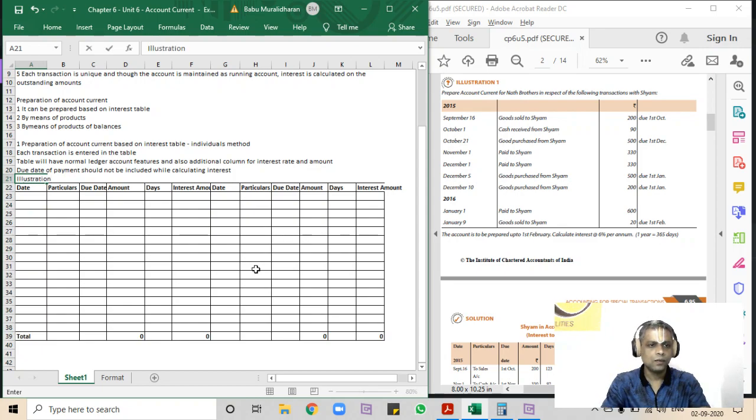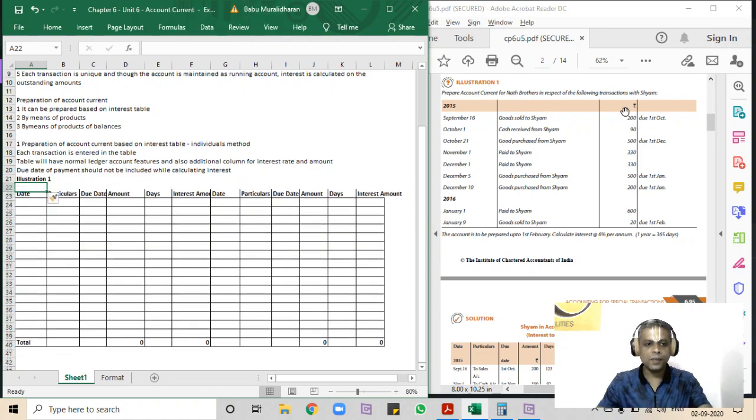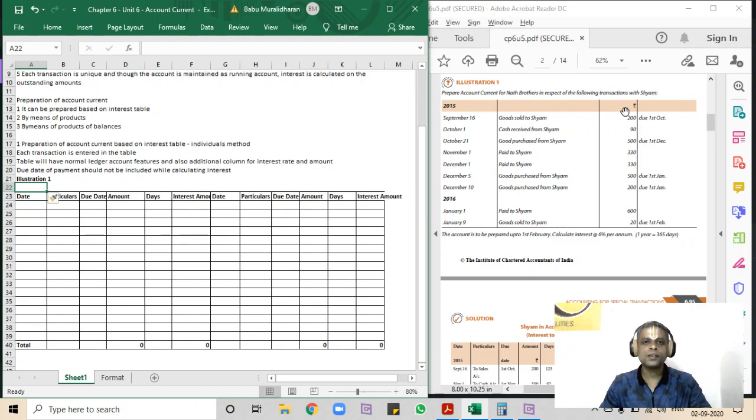Illustration 1. Please prepare account current for Nath Brothers in respect to the following transactions with Shyam. So the heading plays a more important role, as we have to specifically mention whose books it is, who is maintaining this.